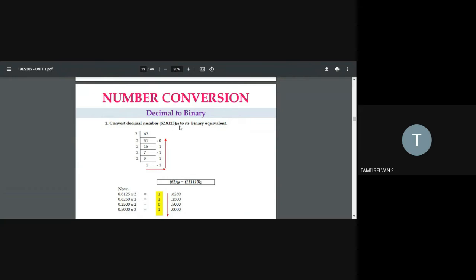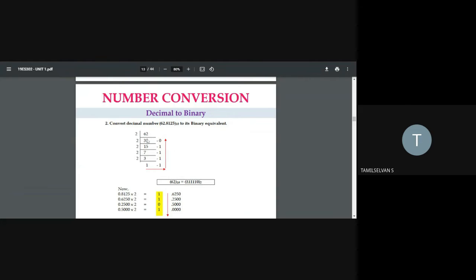62.8125 to the base 10, convert this decimal number into its binary equivalent. So we have to convert this decimal number into a binary value by the use of the LCM method by 2, right?